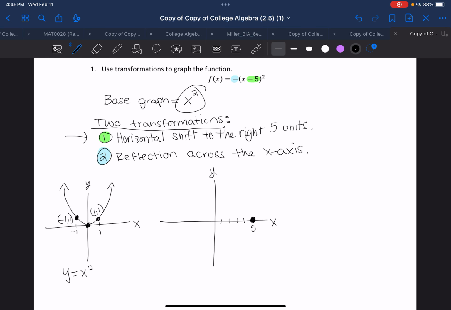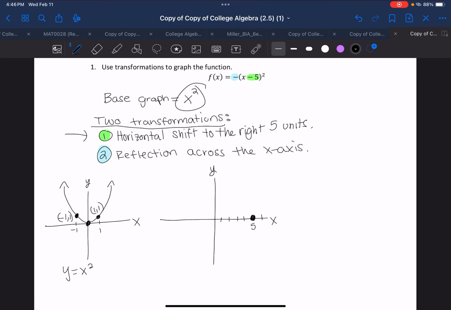The point (1, 1), sorry, if I shift that to the right, that would now be (6, 1). And then (-1, 1), if I shifted negative 1 on the x 5 units to the right, that would become positive (4, 1).